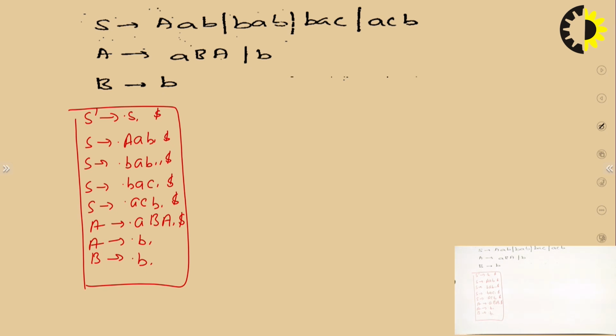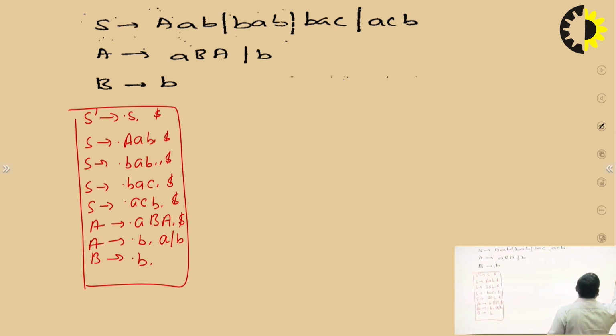No problem. Okay, now from A, this production has been generated, then the first of A, that is A and B, and the first of B, B, that is dollar. Okay, no problem.